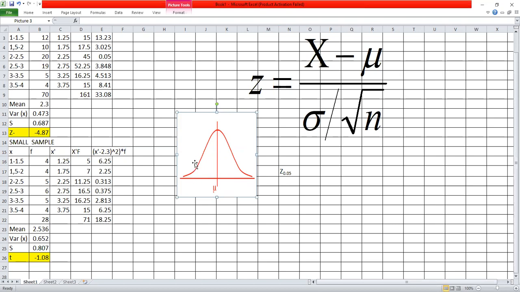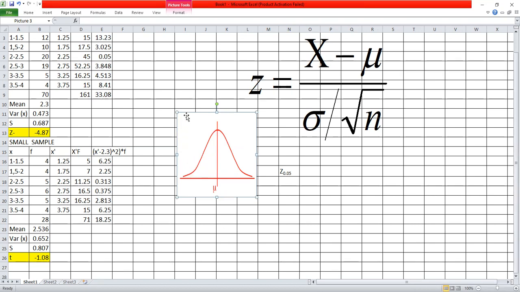If it was one tail to the left, you would have chopped this from the left. If it's two tails, and I'll mention this now, and you are testing at 5% level of significance, it means you take half this side and half this side. So this side you put Z 0.025, this side also Z 0.025. That's what two tail would mean. But for now, let's conclude with the one tail.